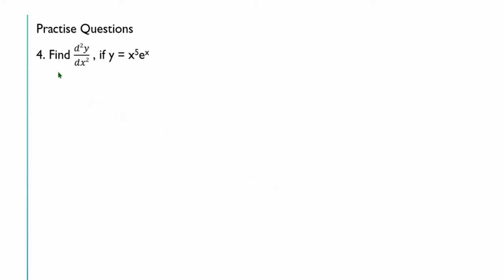Next question, find d square y by dx square if y is equal to x raised to 5 into e raised to x. So here we have to use the product rule. We know that d by dx of uv is equal to v into du by dx plus u into dv by dx. So here u is x raised to 5 and v is e raised to x.